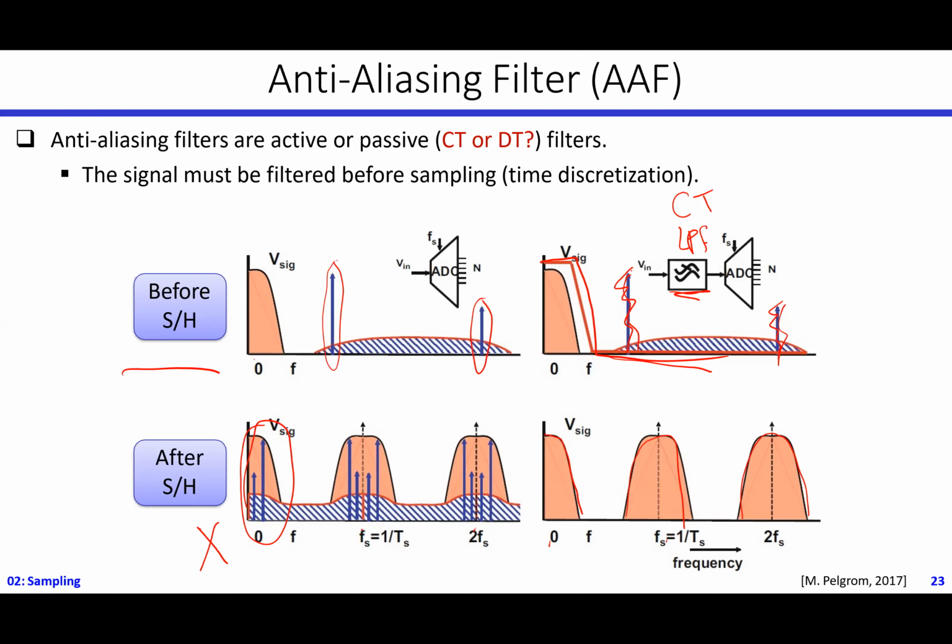No, I mean, the problem comes when you do the sampling, that basically anything that's outside of your band of interest will fold back and come on top of your original signal. So now you have two signals on top of each other, mixing with each other. How will you differentiate between them? That's the problem.